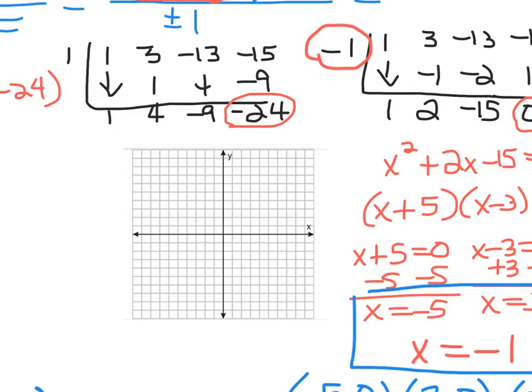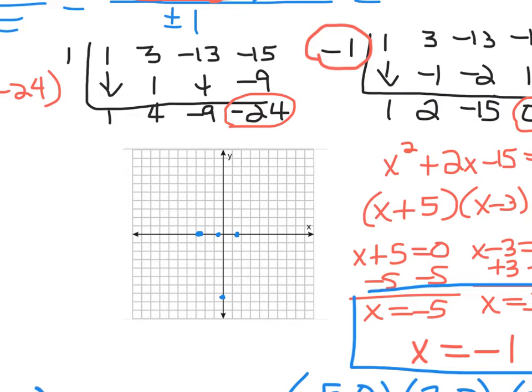So I'm going to go by 2's: 2, 4, 6, 8, 10, 12, 14. Negative 15 is right there. My negative 5: 2, 4, and then negative 5 here. And then I'm going to graph negative 1, and then positive 3. So I've got my 3 x-intercepts and my y-intercept.